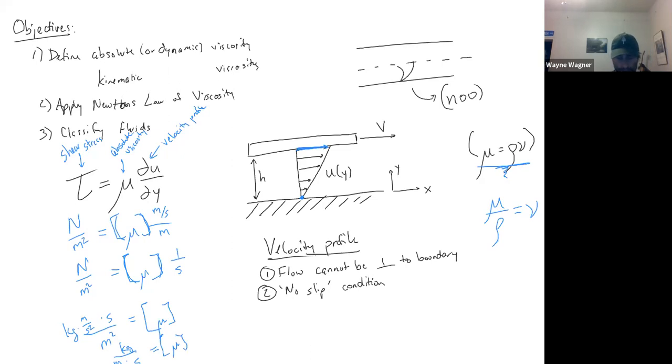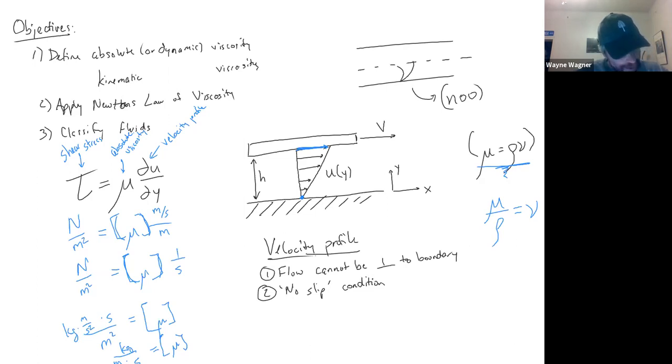Wait, I must have made a mistake. Did I make a mistake here? Newtons times seconds per meter squared. It's frustrating. It doesn't seem like I made an error.